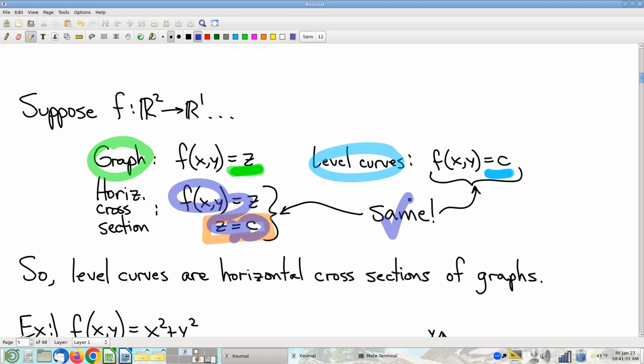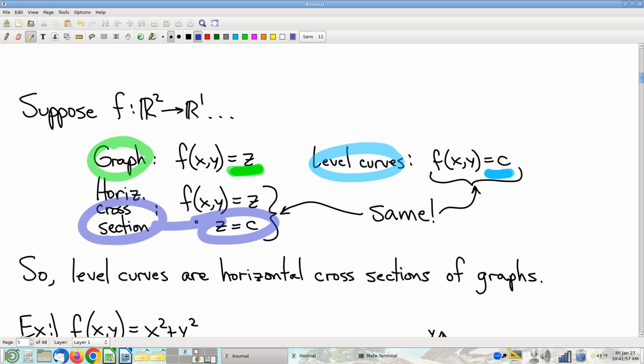So now let's say that in different language. What this means is if you take a cross section, right? Z equals a constant means I'm slicing horizontally like this. If you take a horizontal cross section of a graph, that gives you a level set. In this case, a level curve.